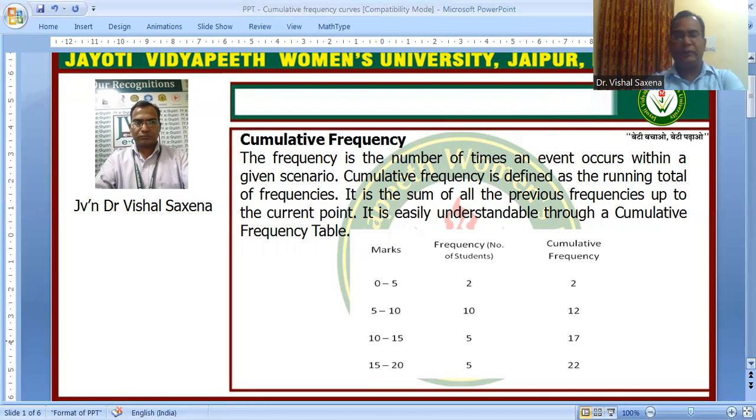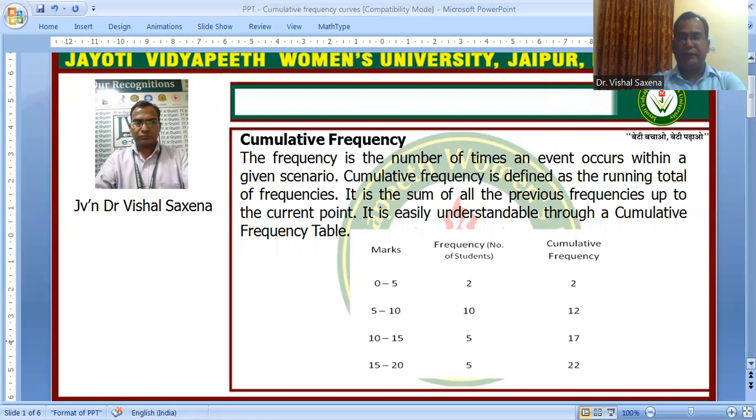Here we can observe the cumulative frequencies. For the data value 0 to 5, the frequency is 2, and therefore the cumulative frequency is 2. For 5 to 10, the frequency is 10, and the cumulative frequency is 10 plus 2, which is 12.